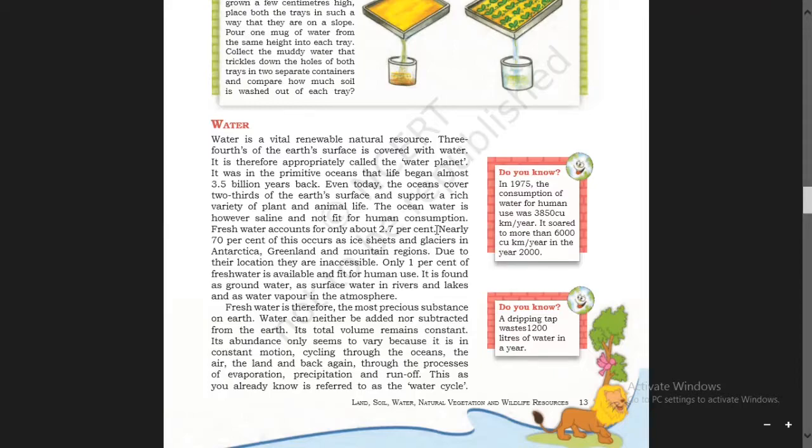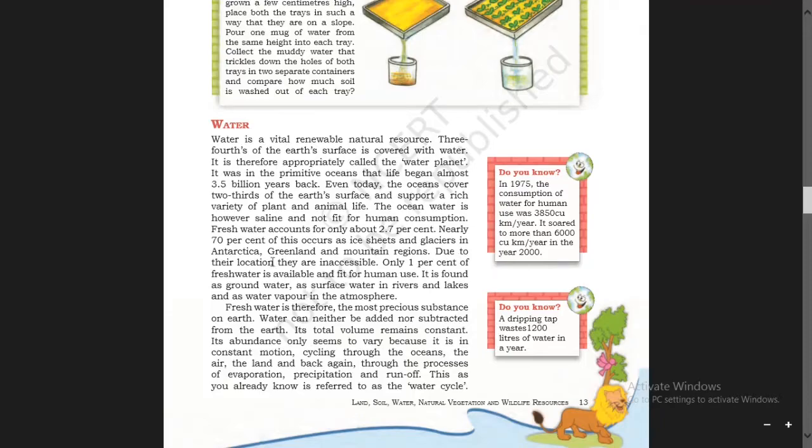Nearly 70% of this fresh water occurs as ice sheets and glaciers in Antarctica, Greenland, and mountain regions.